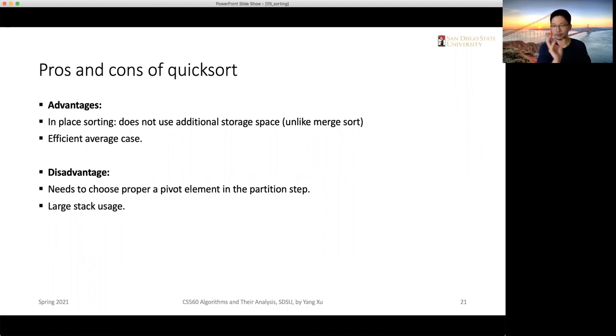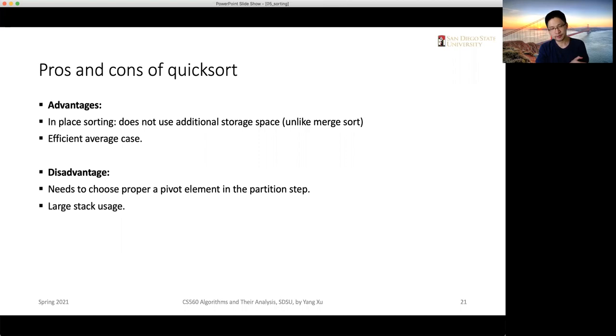If the input is not randomized, it is likely that we are facing some input that is already partially sorted, that already has some structural information in it. So we want to avoid that prior information, and we want to create as much randomness as possible.